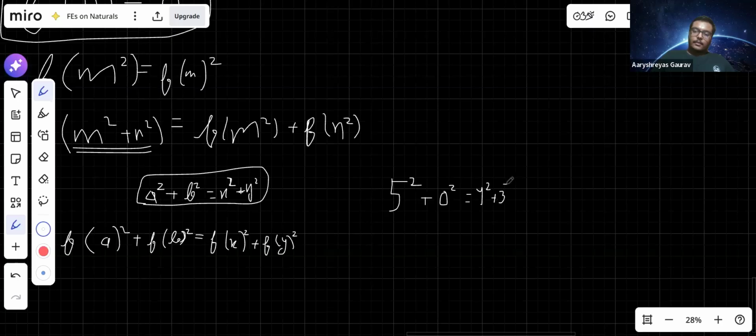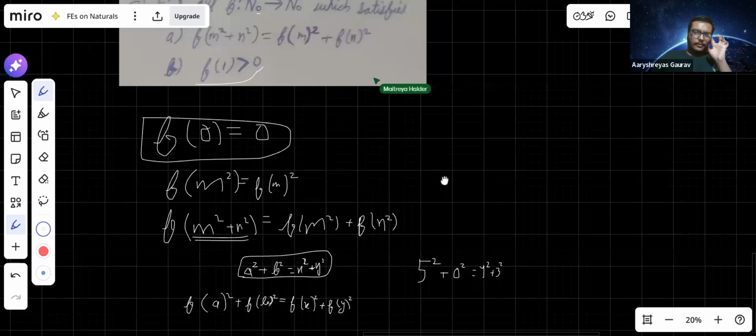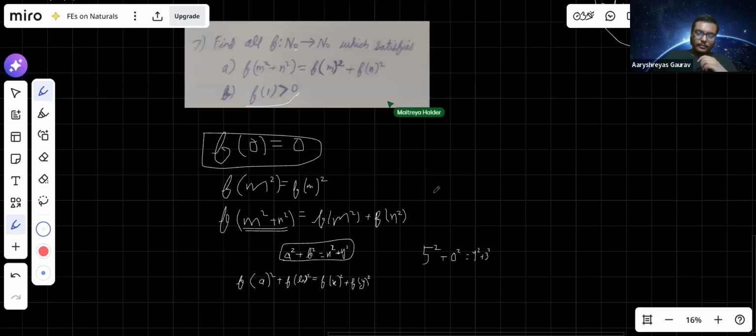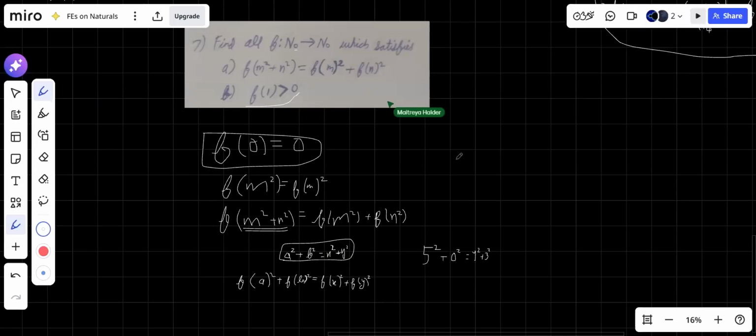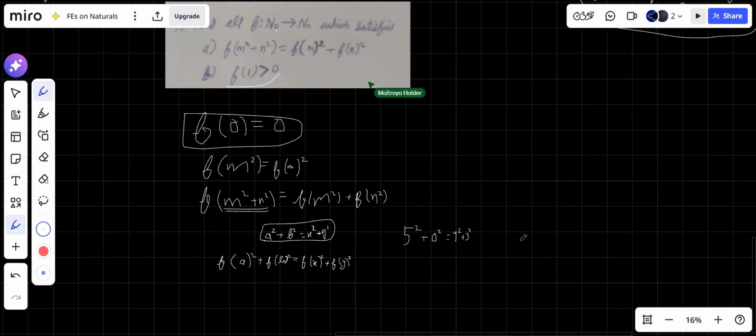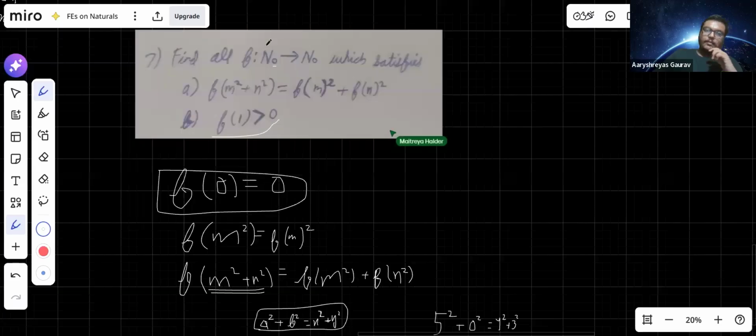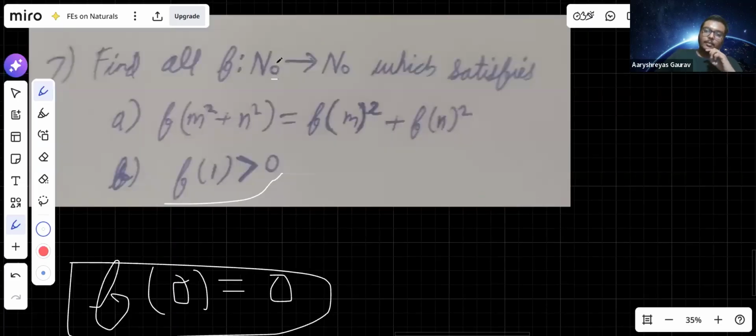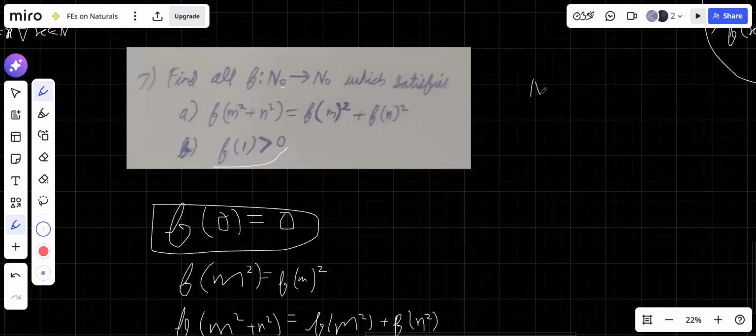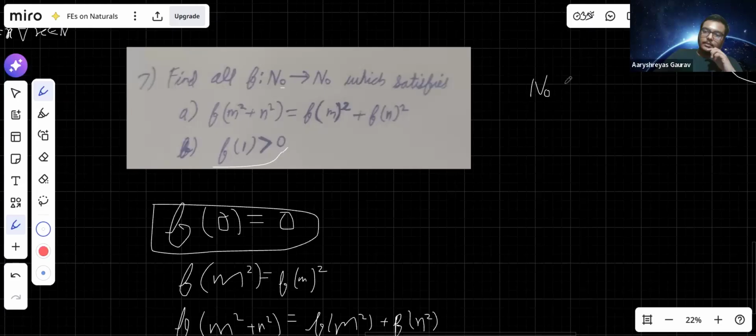Can you see something from which we can induct in here? Can we use zero? We can't use zero, right? Because we are working with whole numbers.